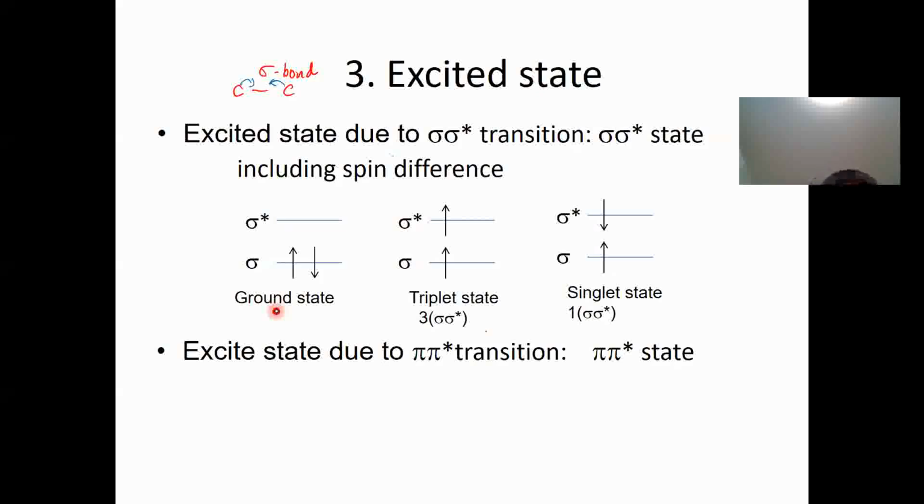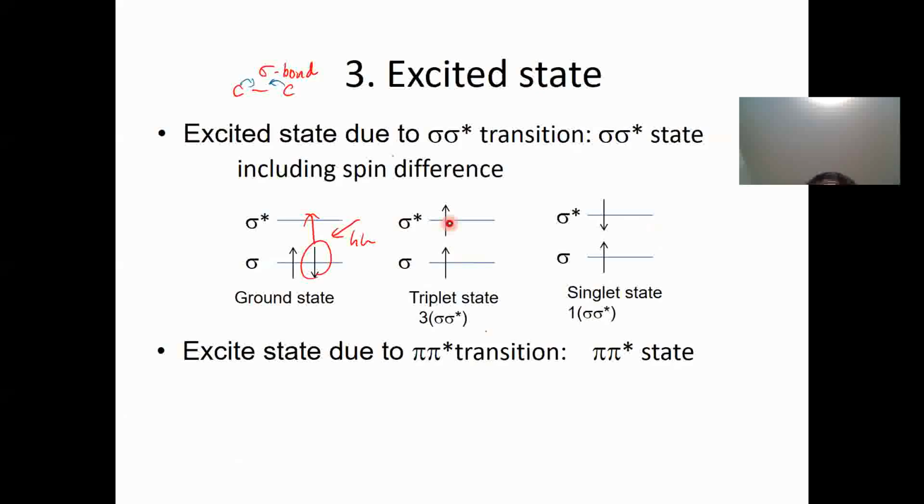When light is illuminated, one of the electrons gets energy from the light and goes up to the higher energy level, which is the anti-bonding orbital. And then you have excited states, like this one and this one. So one of the electrons is now in the anti-bonding orbital.